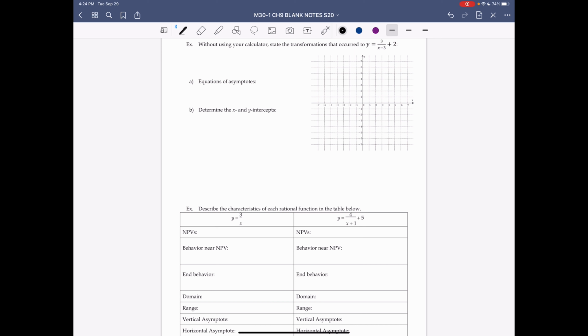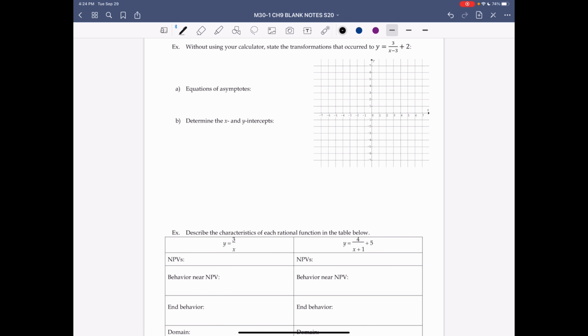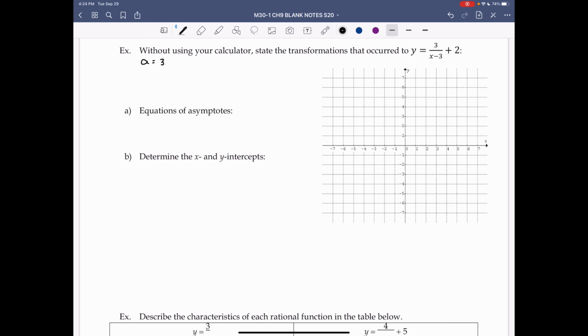Without using your calculator, state the transformations that occurred to y equals 3 divided by x minus 3 plus 2. We have an a value equal to 3. Our h is equal to 3 as well, because we have x minus 3. And then our k is equal to 2.